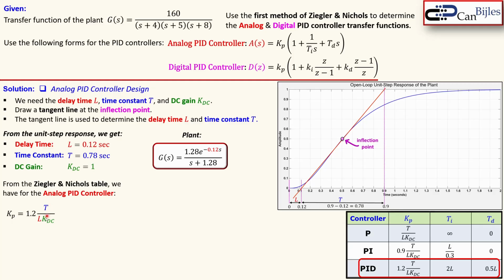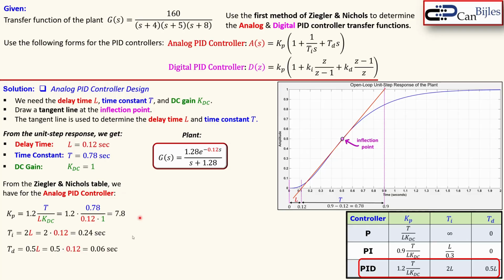So T is known, L and the KDC is known, so we could just substitute that. 0.78, 0.12 and 1, you get here 7.8 exactly. Now Ti is 2 times our delay time, which is 2 times 0.12, will be then 0.24 seconds. And Td is half of L, so this is 0.5 times L, that is then here 0.06 seconds.